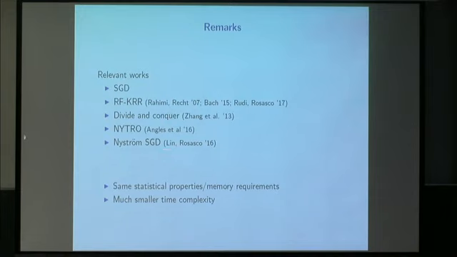All these algorithms achieve, at least for the basic case, a computation that is in the order of n square. So the comparison is that, considering the space, we use the same space, that is n, the number of points. But we have much smaller computational complexity. Since those algorithms are in the order of n square, we are in the order of n square root of n.